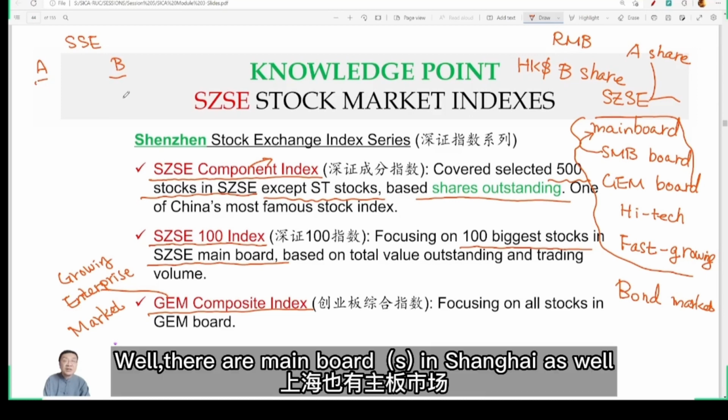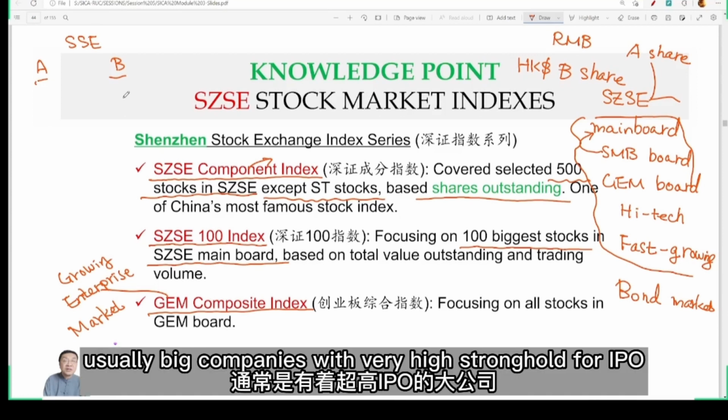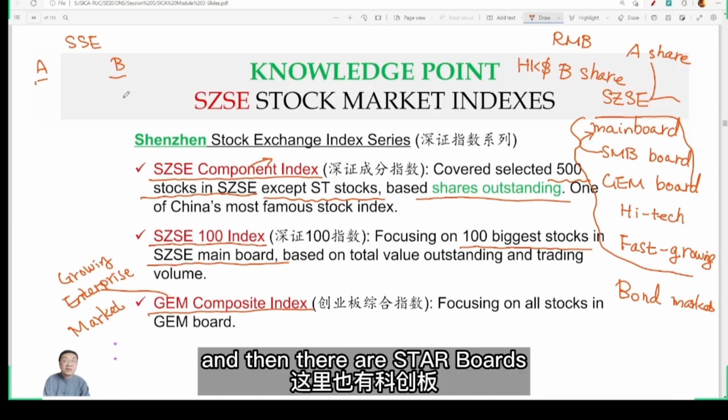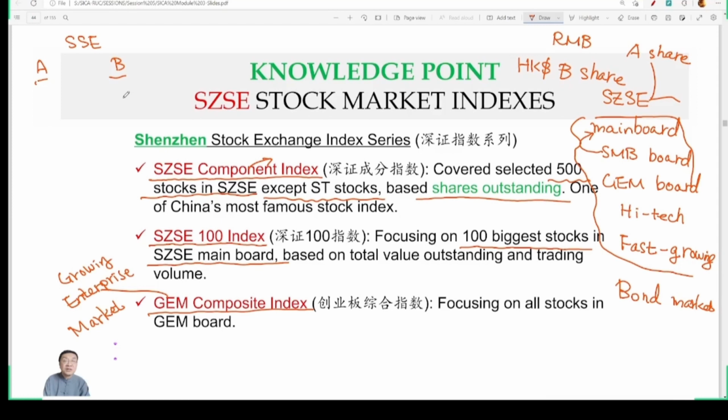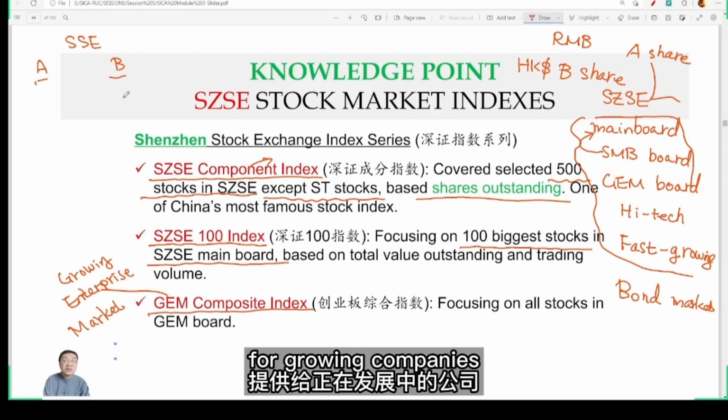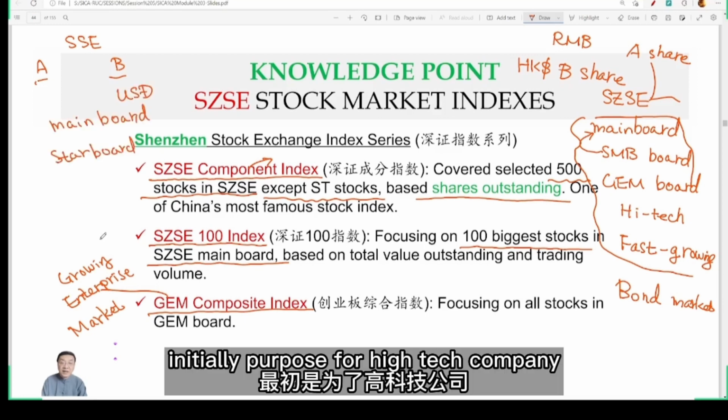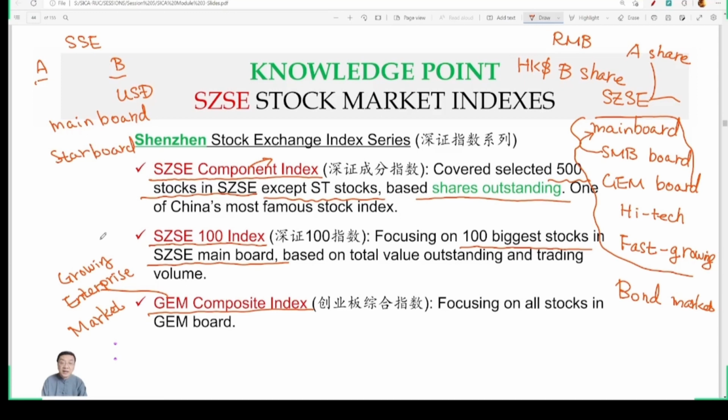There is a main board in Shanghai as well, usually big companies with a very high threshold for IPO. And then there is the STAR board for growing companies, initially purposed for high-tech companies and fast-growing companies.